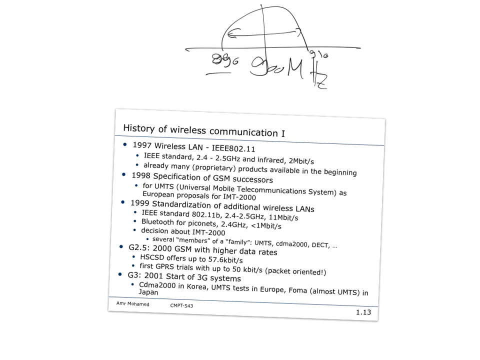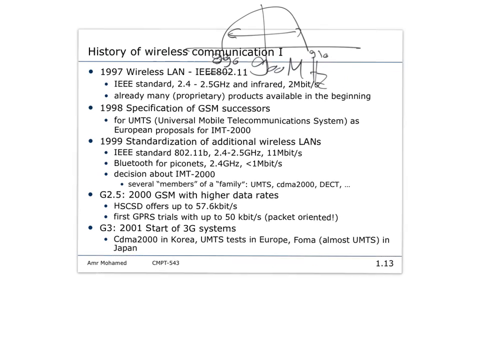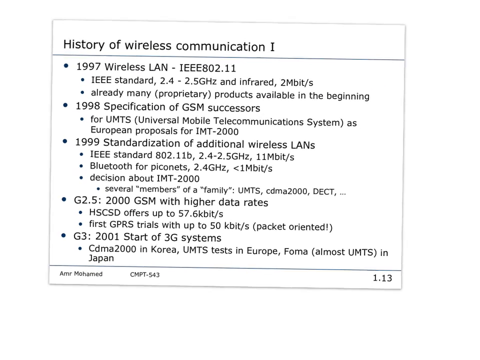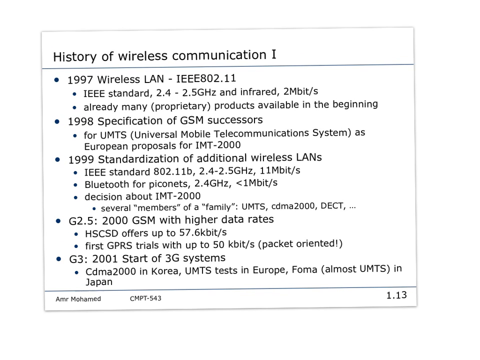So GSM worked originally in the 900 megahertz. Wi-Fi started in 2.4 gigahertz, and in the infrared range; we'll talk about the range of frequencies later on.